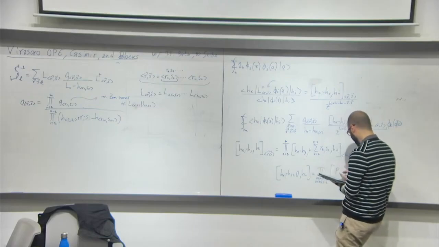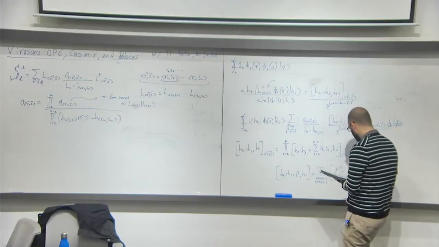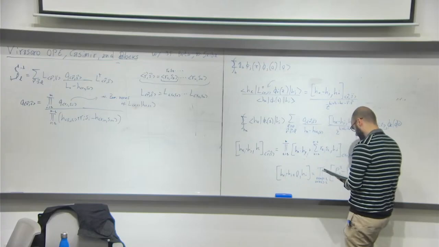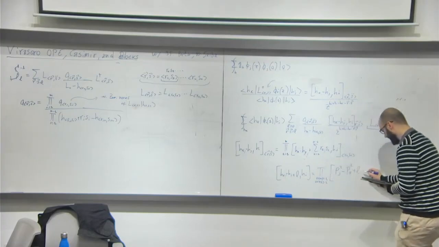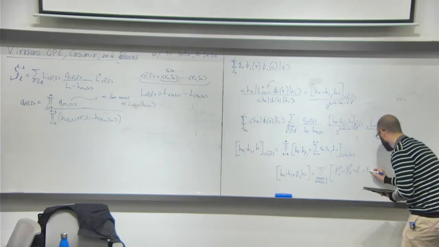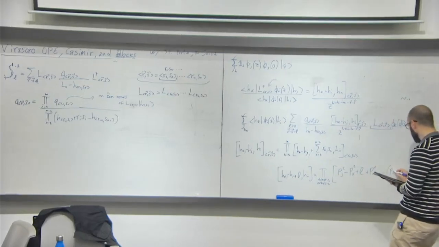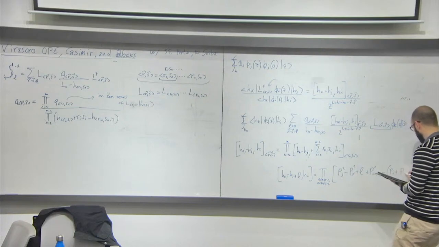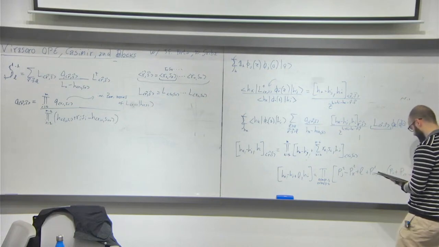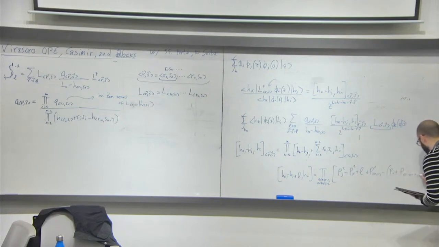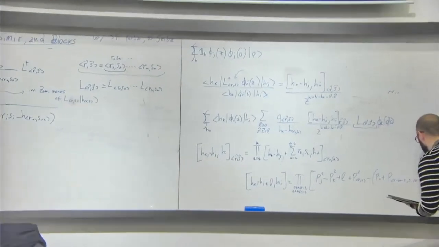Momenta, pj squared minus pk squared plus L plus PRS squared minus pi plus pr minus 2m minus 1, s minus 2n minus 1 squared.